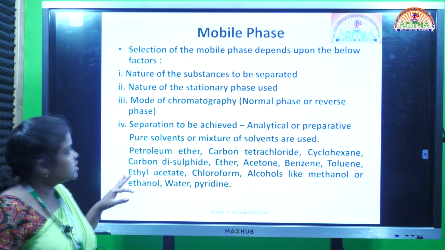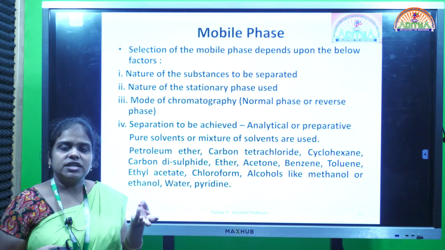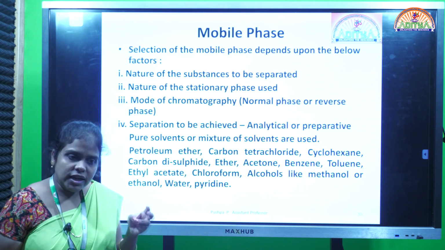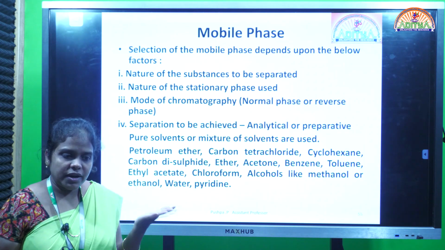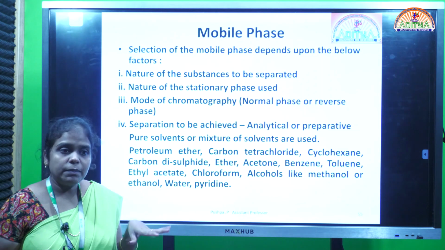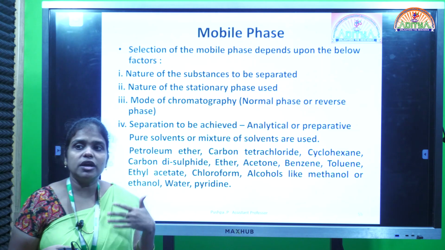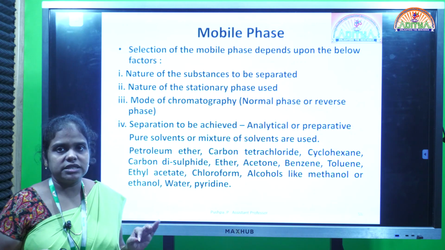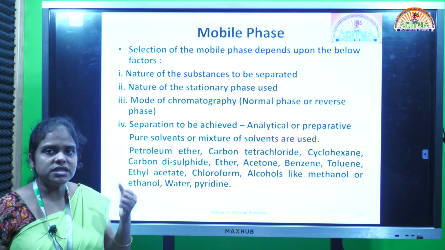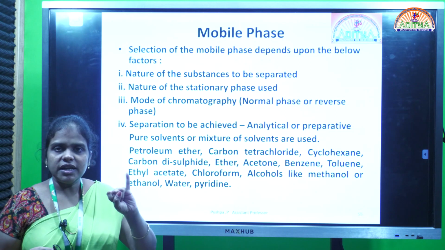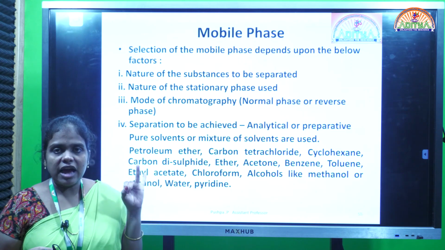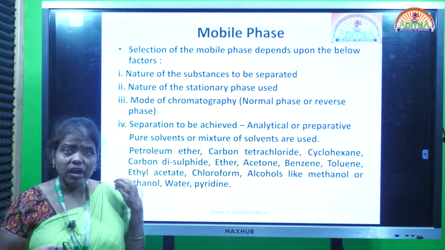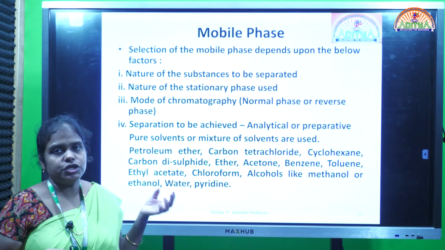And also one more selection category: not only the substance which we are going to separate, but also the stationary phase which we have taken, we have to consider while selecting the mobile phase. The substance which we are separating and the stationary phase which we have taken, both will influence the selection of mobile phase.